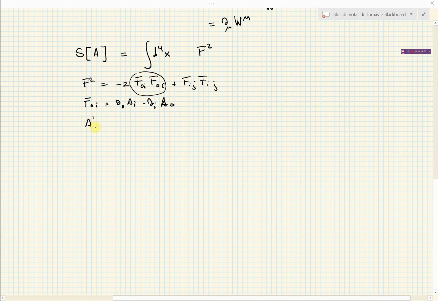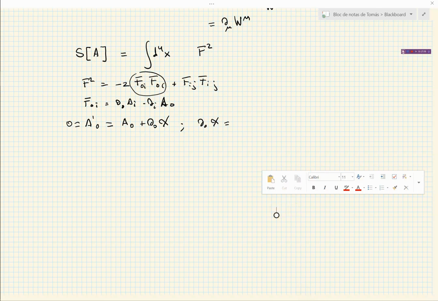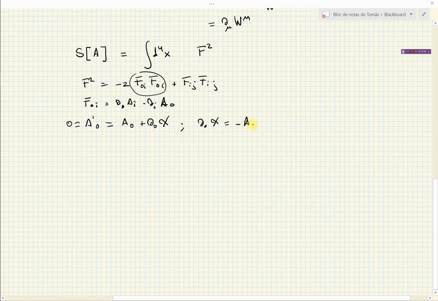I want a'_0 to be 0, but I know that a'_0 will be a_0 plus the time derivative of some function chi. So this function satisfies this equation, partial_0 chi equals minus a_0, and this equation can be solved immediately.